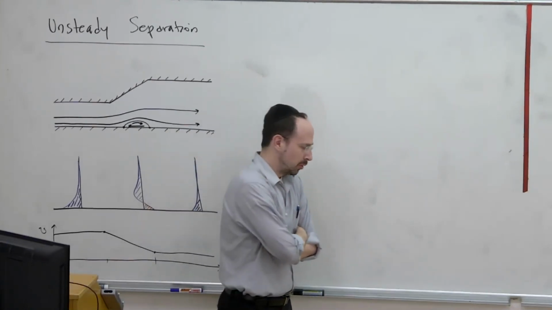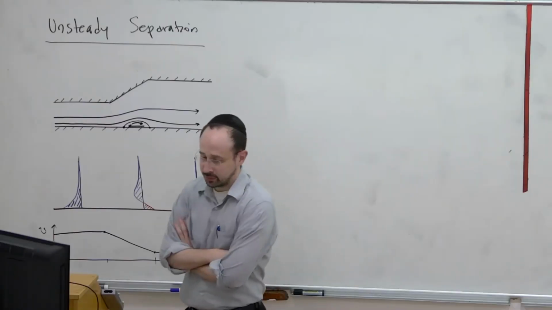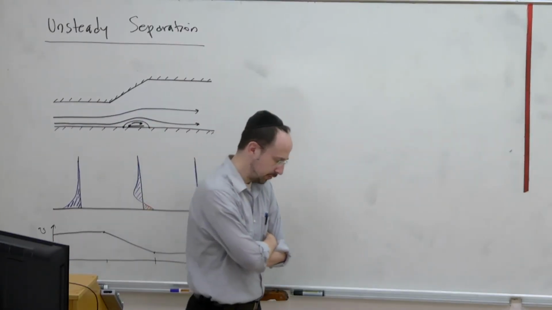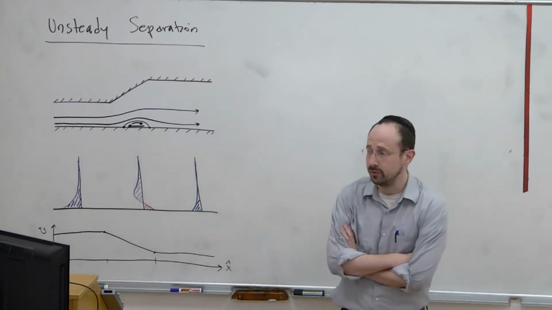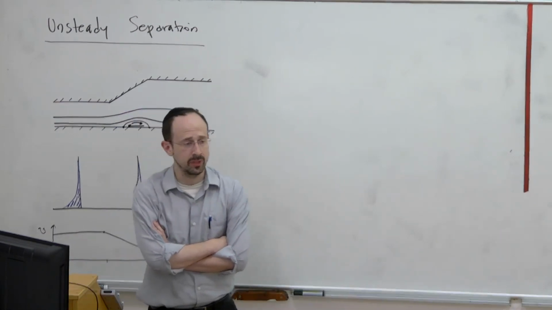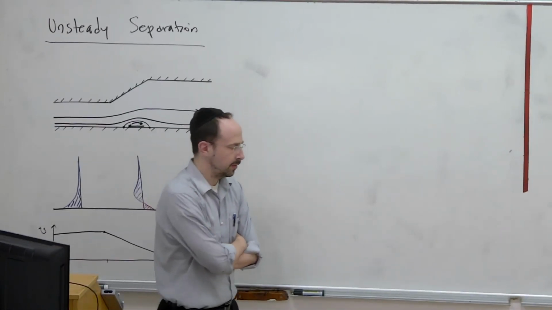Last week we were talking about separation. We had discussed the location of the separation point. In fact, we learned that there were two different ways of identifying the location of the separation point with more and less accuracy.